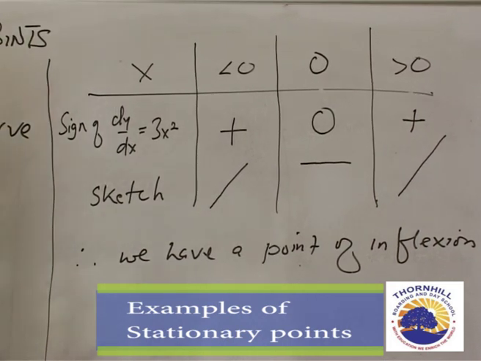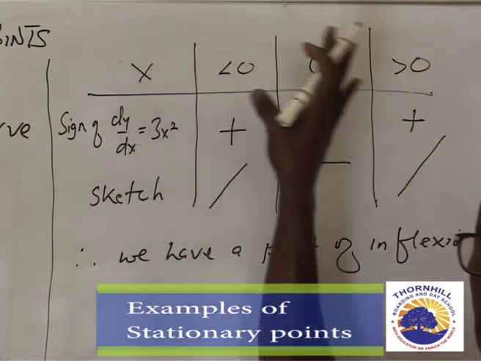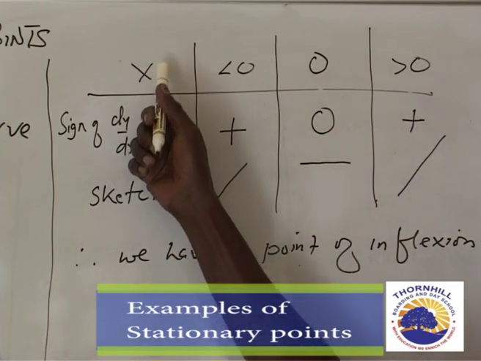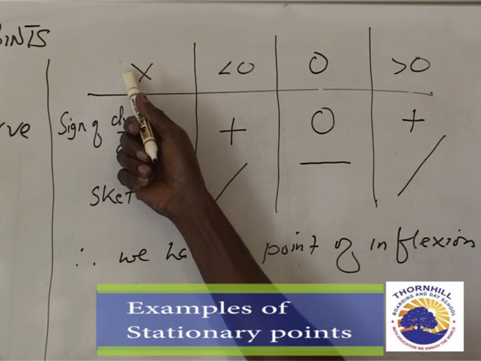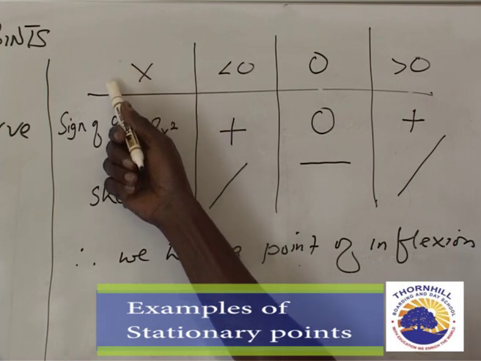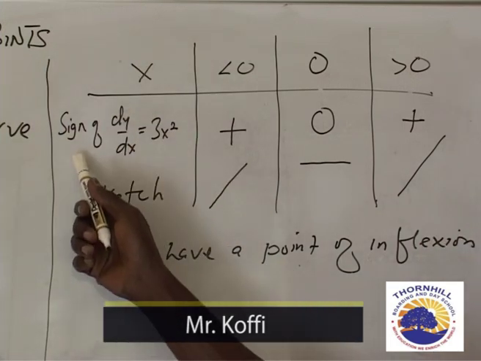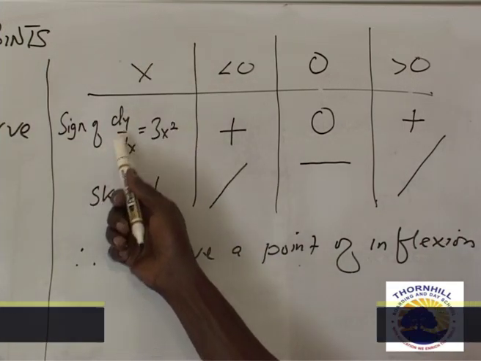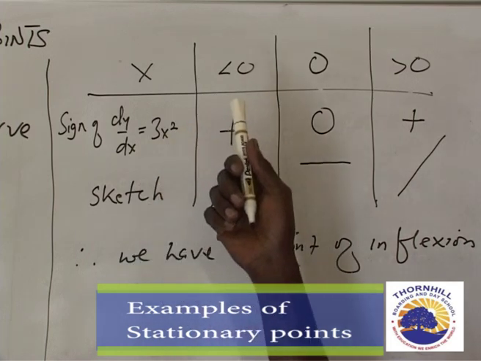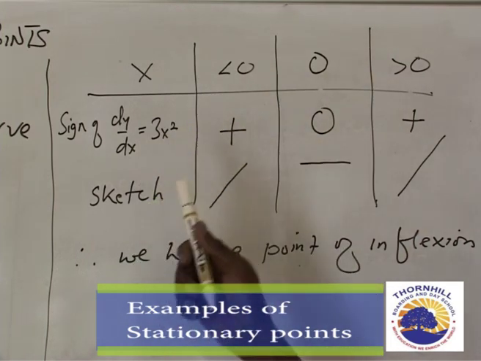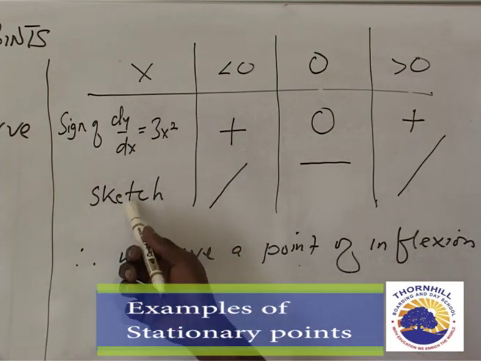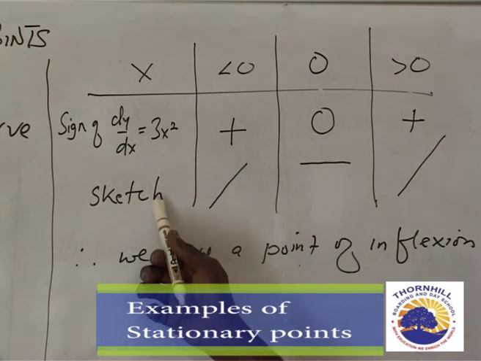So we are using the sine test. Now look at what I've done here. I've made a small table here. The first column, I've got x, and this x will always be there because we differentiate with respect to x. Then under x, I've got the sine of dy/dx, because the sine will tell me the nature of the turning point. Then I'll make my own rough sketch.